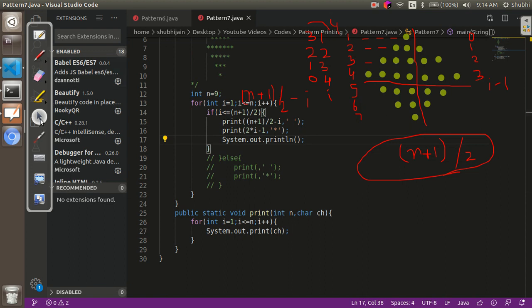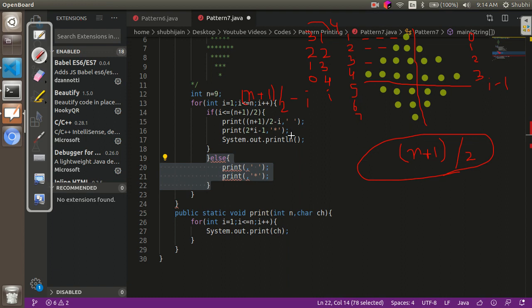Now for the bottom half, the number of spaces being printed. Now let's calculate. The number of spaces being printed for the 5th row is 1, and the number of characters being printed for the first half is 3.